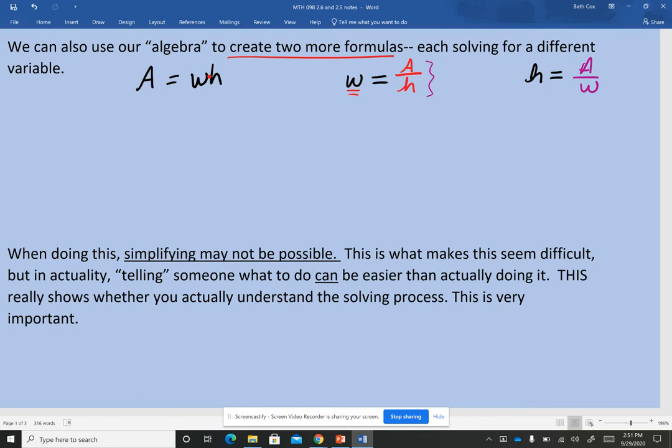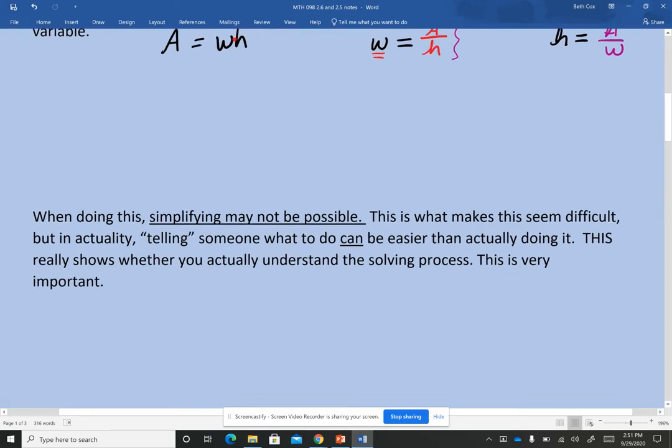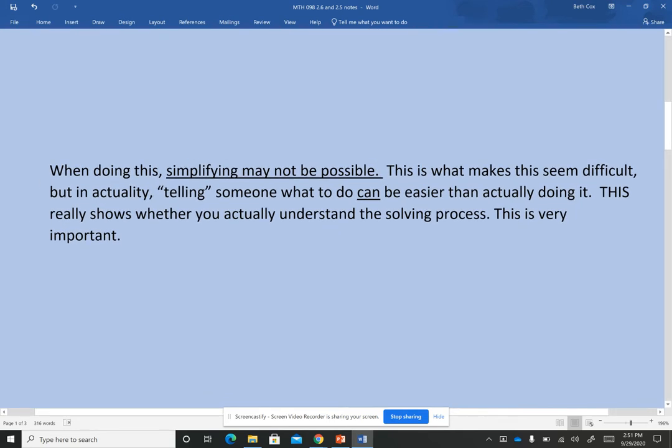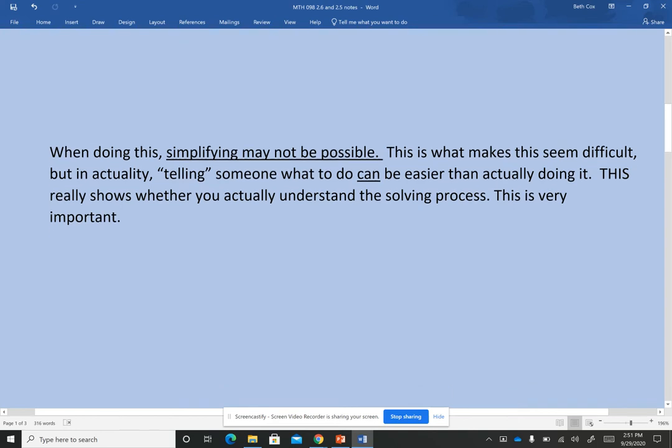So we're not really doing any math, we're just telling people what to do. It goes back to the really important concepts of reversal. The opposite of add is subtract. The opposite of multiply is divide, and so forth. This is going to help us with this solving process.